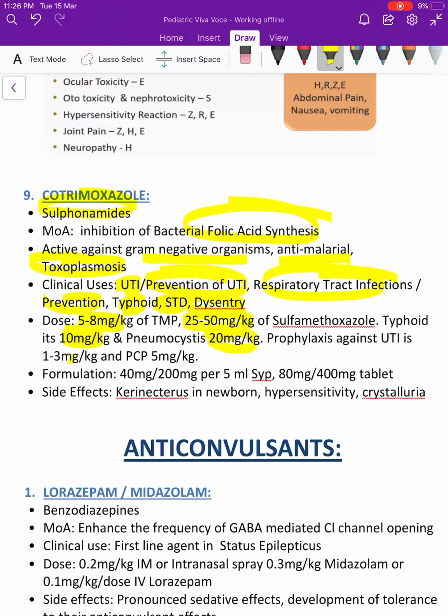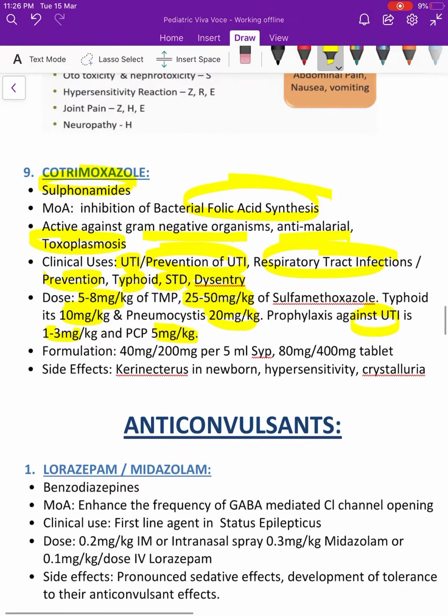If we are using it for prophylaxis, for example in an HIV patient, we need to give a prophylactic dose. In that case, the recommended dose is 5 mg per kg for PCP pneumonia, and if it is against UTI, then it is 1 to 3 mg per kg. And now how is it available?